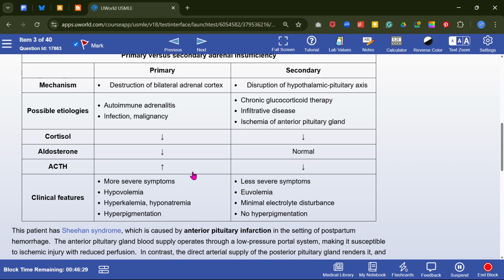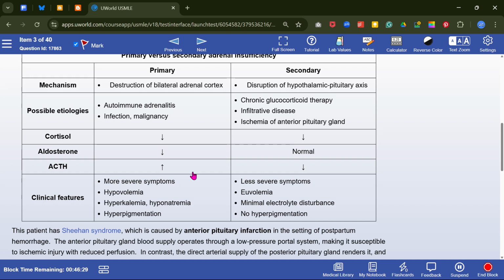Okay, first, primary versus secondary adrenal insufficiency. In primary adrenal insufficiency, there is destruction of the bilateral adrenal cortex, and in secondary, there is disruption of the hypothalamic pituitary axis. The causes of primary are autoimmune adrenalitis, infection, and malignancy.